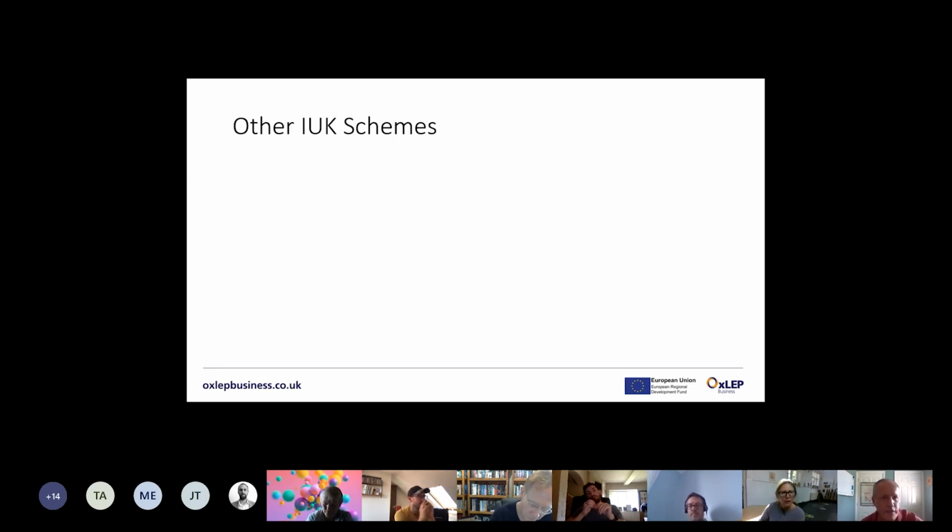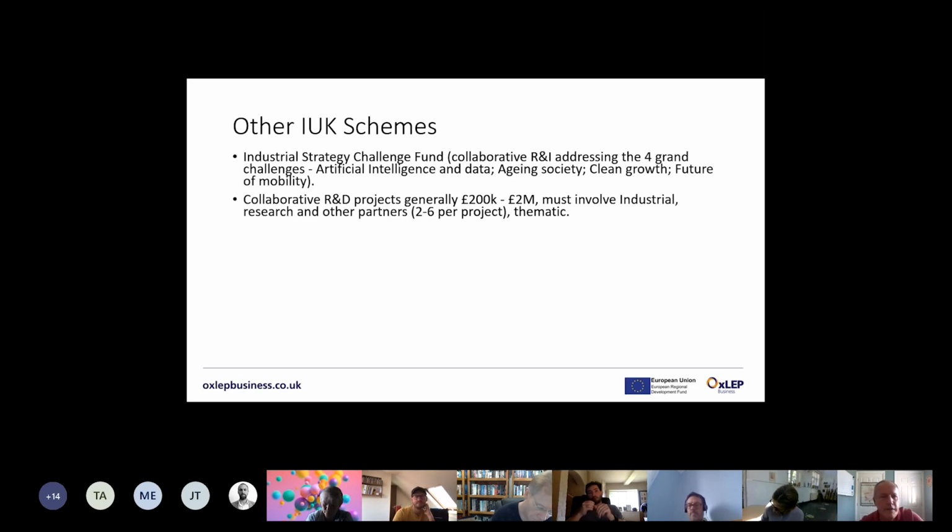Innovate UK has a lot of other schemes, and they're basically organized into different groups according to the source of the fund. So the Industrial Strategy Challenge Fund is the biggest one, and it's a collaborative R&D fund.